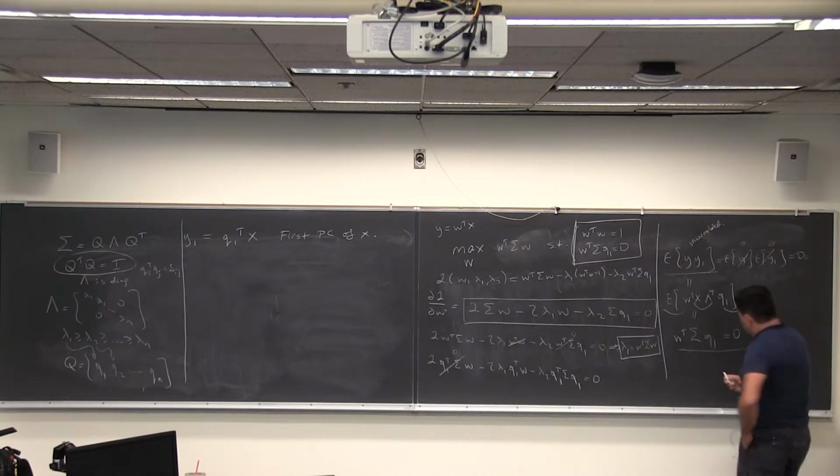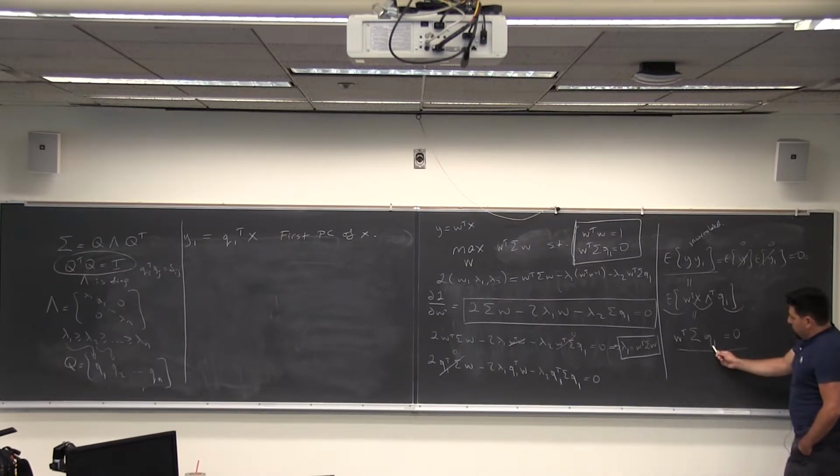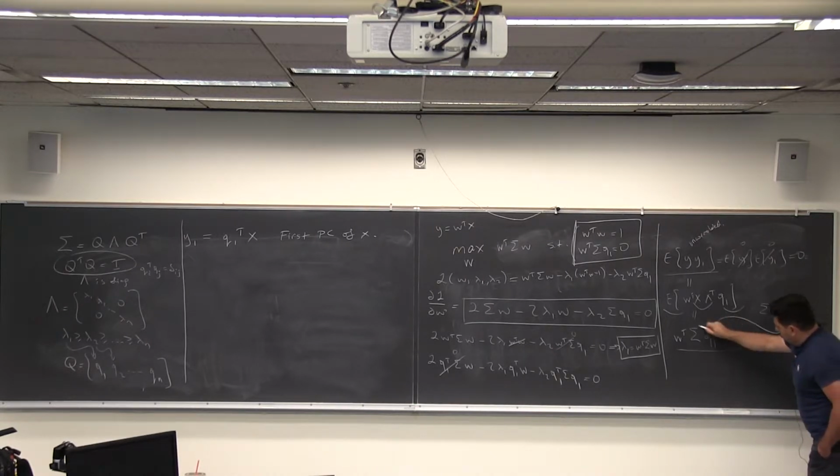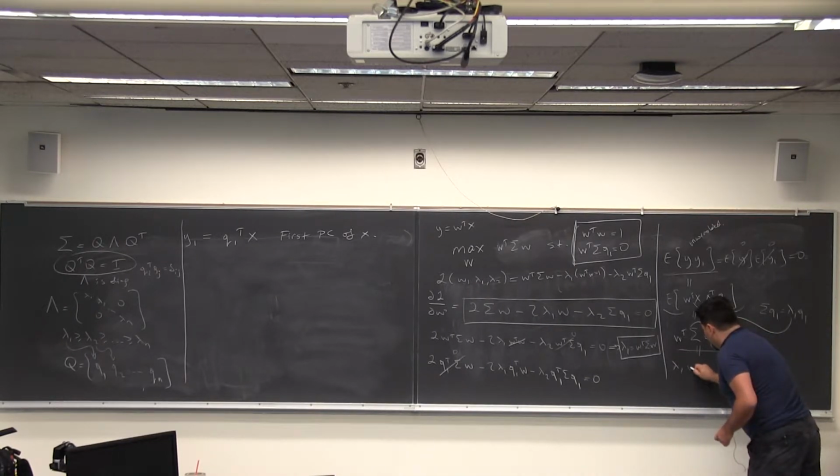Since Q1 is an eigenvector of sigma, sigma Q1 is lambda 1 Q1. If I plug that in here, this is equal to lambda 1 W transpose Q1 equals 0.